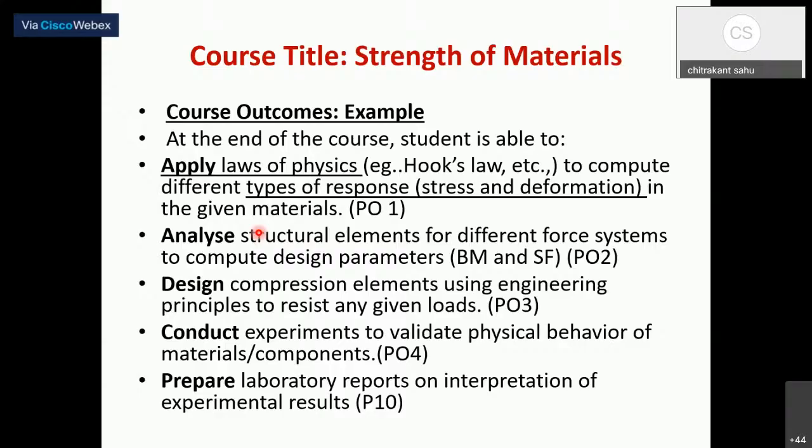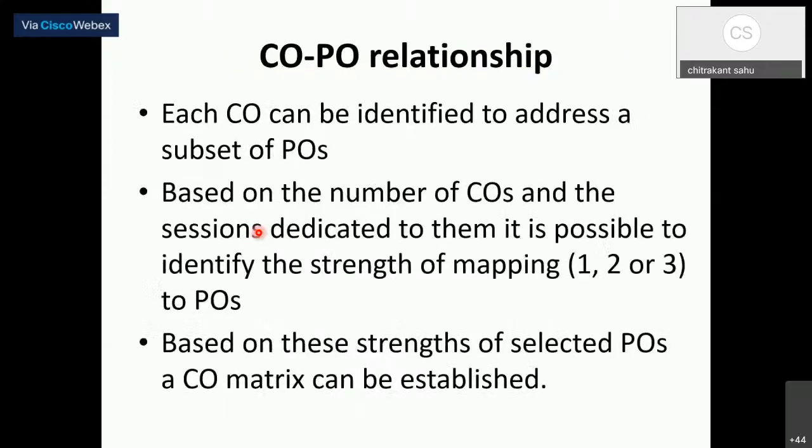Okay. Second, analyze structural elements of different force systems to compute design parameters. Okay. So this can be correlated with PO2. Similarly, we have to write the course outcomes in such a way that they should have a clear-cut correlation with the program outcomes. Okay. So how to find out the relationship? Okay, CO and PO relationship.